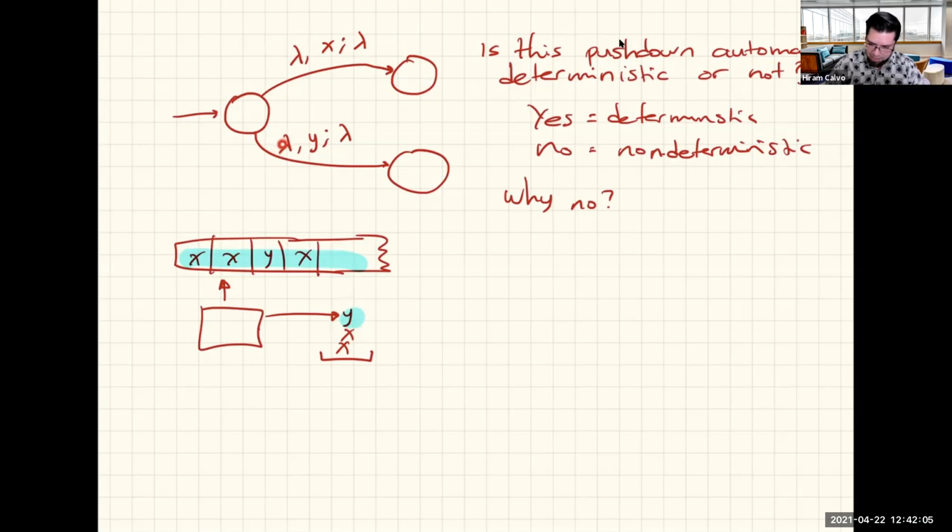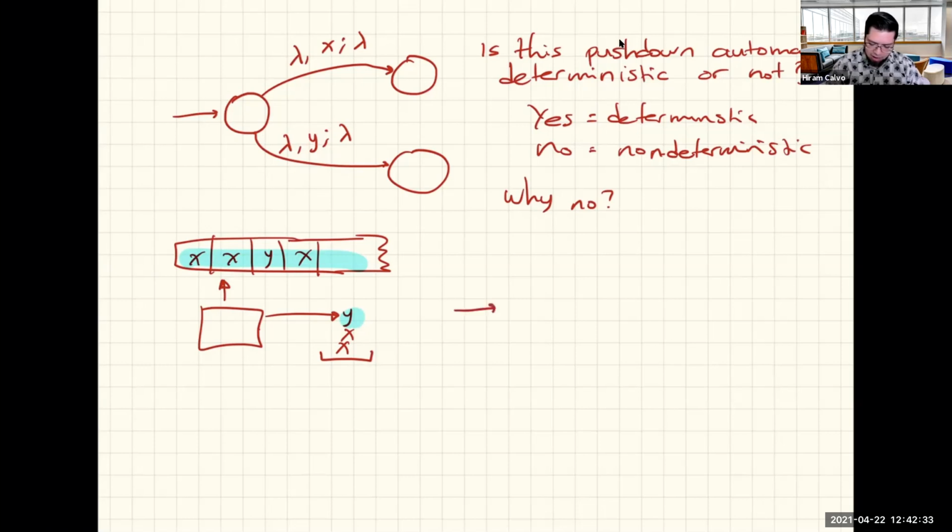So it is deterministic, because I can take a decision very clearly depending on this stack. So in this case, despite this lambda, and that's why I'm asking you, because this can be a tricky question. From now on, you can recognize that you can take a decision based only on the top of the stack.